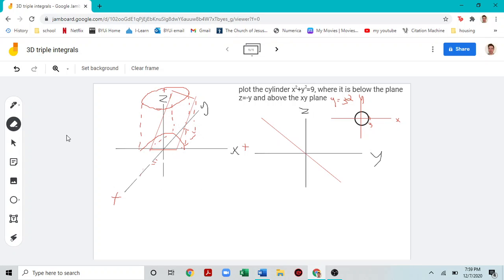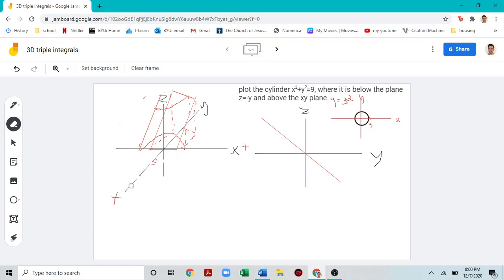So it's going to be a little bit of a funky shape. Because it's a plane, remember we can keep this here. It's going to be like that. Now, let's see, it's going to be there. We can erase this real quick. Cool.